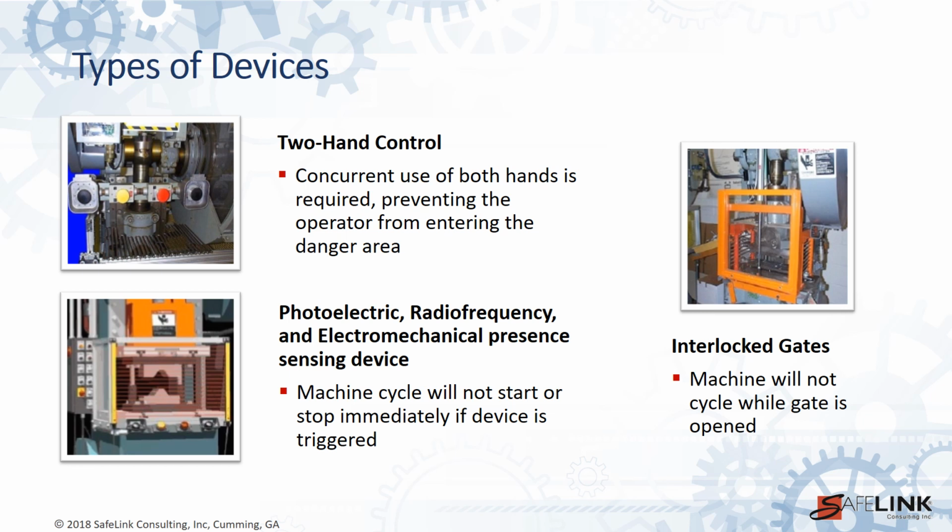Other types of devices include two-hand control. Concurrent use of both hands is required, preventing the operator from entering the danger area. Photoelectric, radio frequency, and electromechanical presence sensing devices: a machine cycle will not start or will stop immediately if the device is triggered. Interlocked gates: the machine will not cycle while the gate is opened.